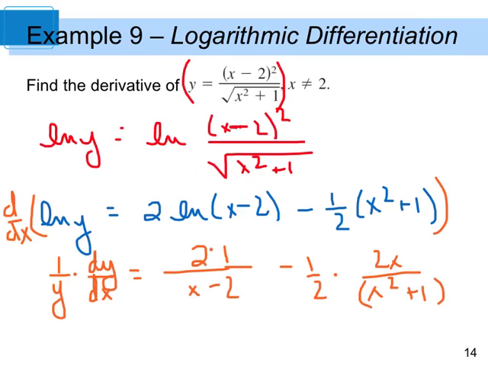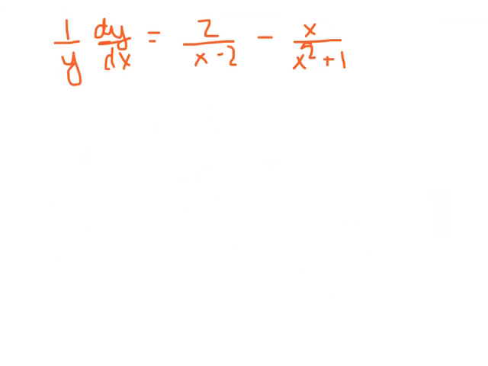Now I'm going to simplify this a little bit and cancel this 2 with this 2, and that's really about all I could do. So I'm going to rewrite this all on the next page.